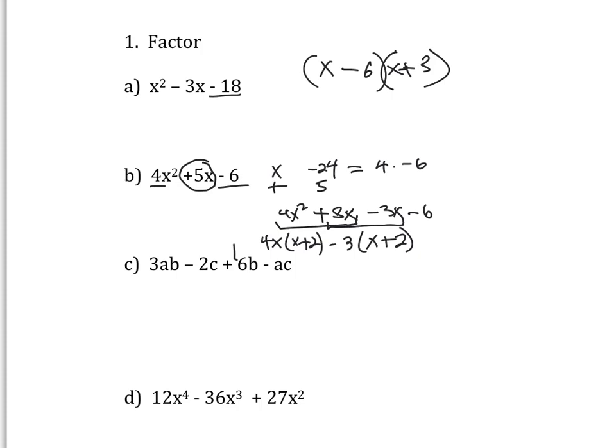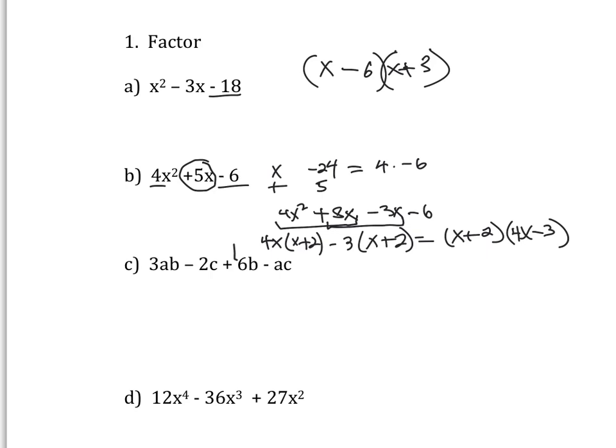I saw a lot of people making the mistake of making this an x minus 2, so you need to be careful about that. So then that gives us, when we factor out the common x plus 2, what we're left with is 4x minus 3, and that's our factorization.